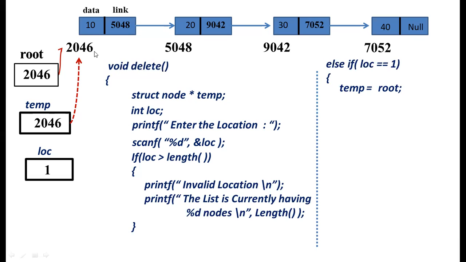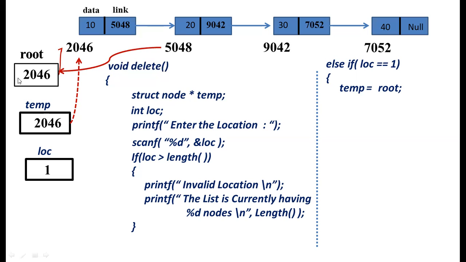Now it is very simple to delete the first node. Here the root should be pointing to the second node, and we need to disconnect this. First we have to store the address of the second node into the root, so we have to store this 5048 value in place of 2046. How can we do that?